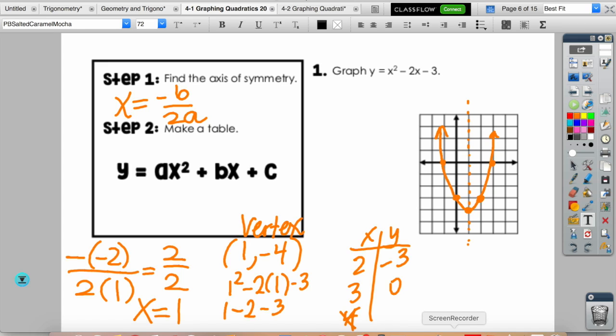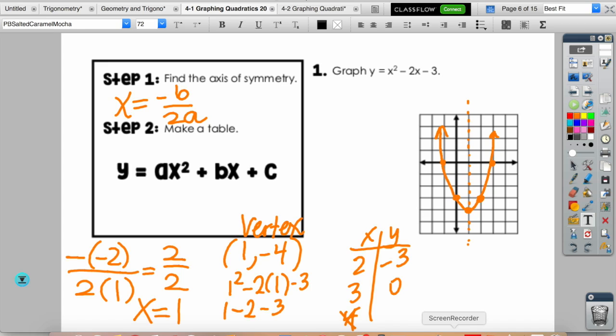To find the y coordinate, you plug it into the original function. So, since the function was x squared minus 2x minus 3, I'm going to plug 1 in for every x of that original equation. I'm doing this because I'm trying to find the y coordinate of my vertex.